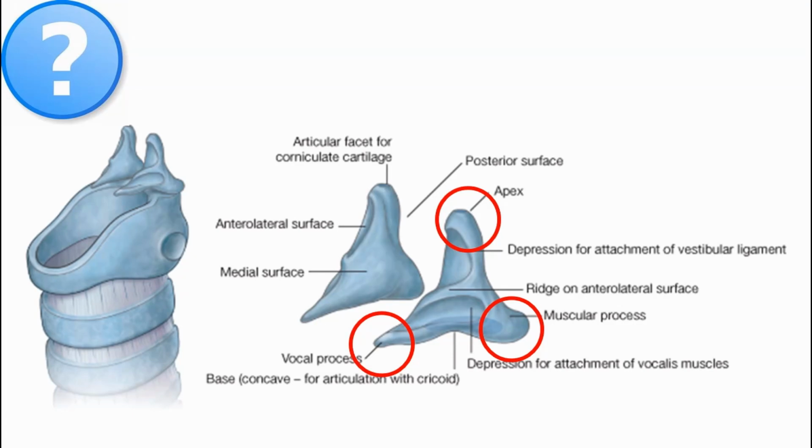Now, we take this arytenoid cartilage and make it sit on the cricoid cartilage, and they have a special facet for this purpose, and we can see that the vocal process is pointed anteriorly to attach the vocal cords.